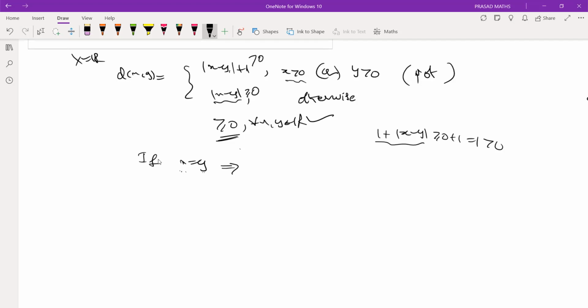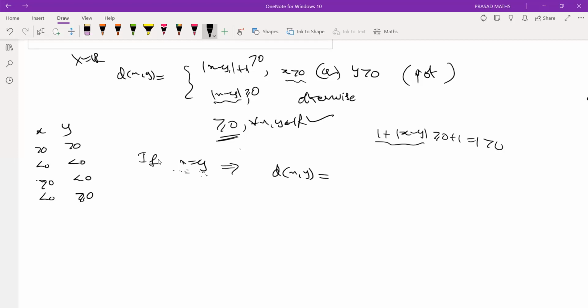Whenever x and y are two real numbers which are equal, what are the possibilities? Either x positive, y positive, or x negative, y negative. Whenever x and y are equal, they should have the same sign.